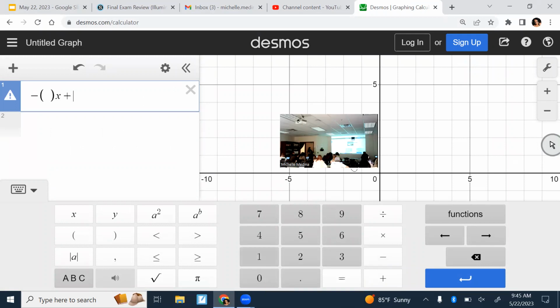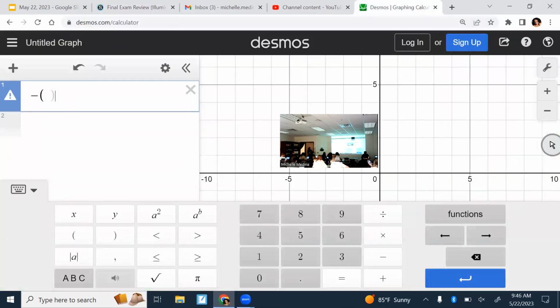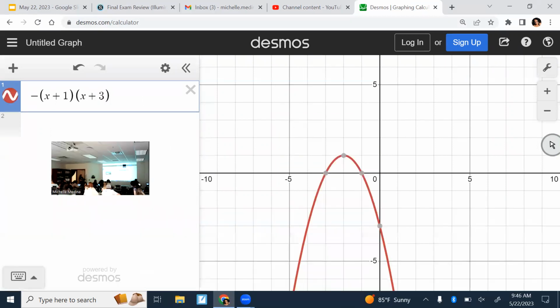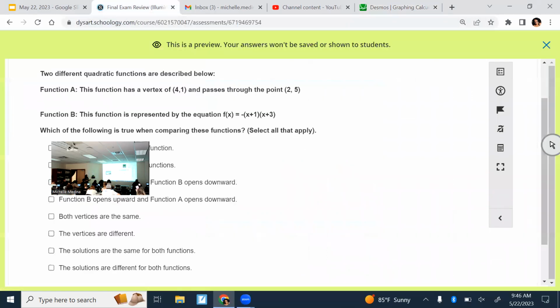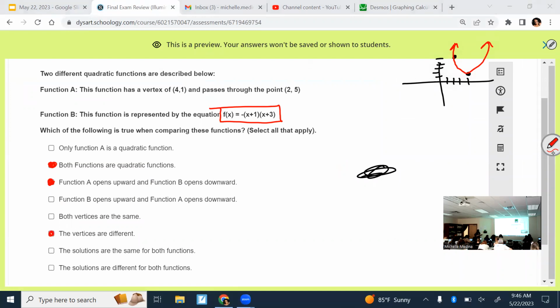Okay, I'll go back and look at it. x plus 1 is first, and then x plus 3. Like that, graph. Look at its vertex. Is that the same as the other one? The other one was (4, 1). It told you. And this one's (-2, 1). So no, the vertices are not the same. The vertices are different. So we're going to pick the one that says they're different.